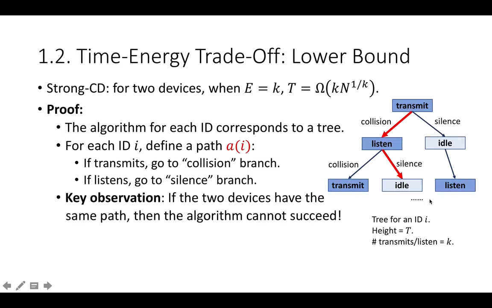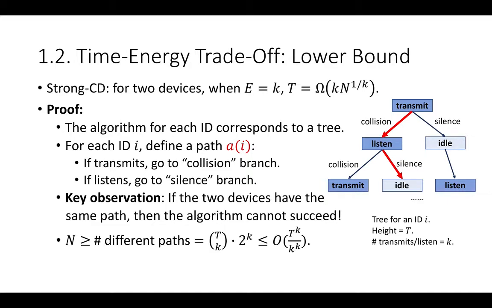The key observation is that if the 2 devices have the same path in their protocol tree, then the algorithm cannot possibly succeed, because the 2 devices will always transmit and listen at the same time, and they will receive collision signal when they transmit and receive silence signal when they listen, so they will both follow the same path. This means the number of different paths needs to be at least the ID space, so that the algorithm can assign a different path for each different ID.